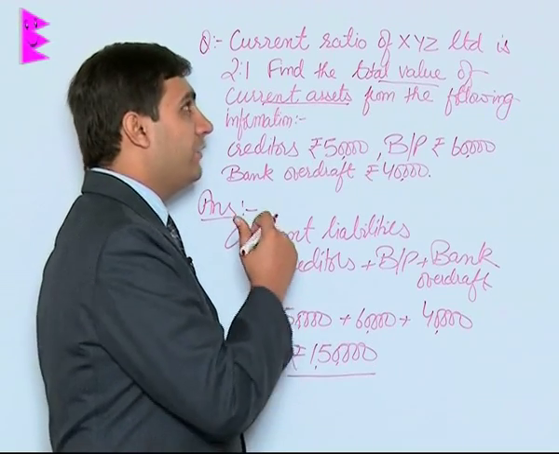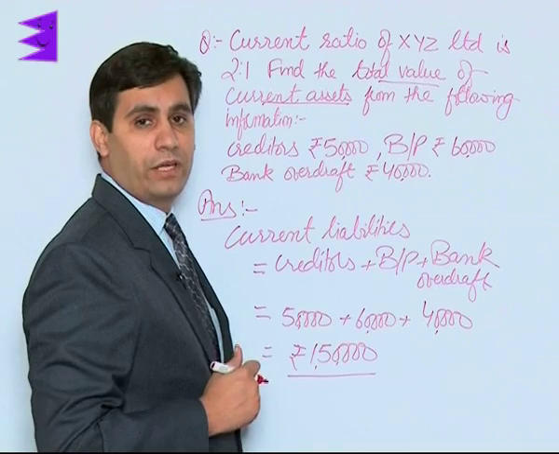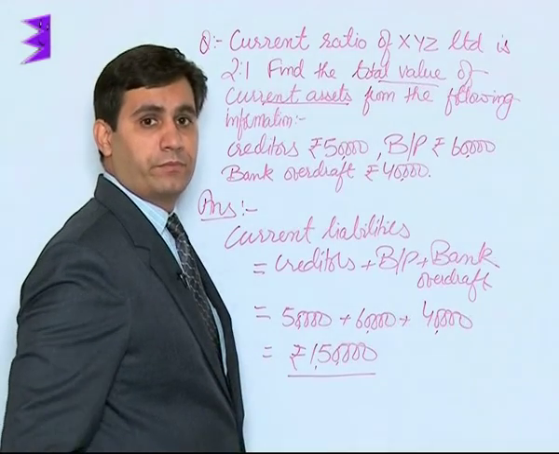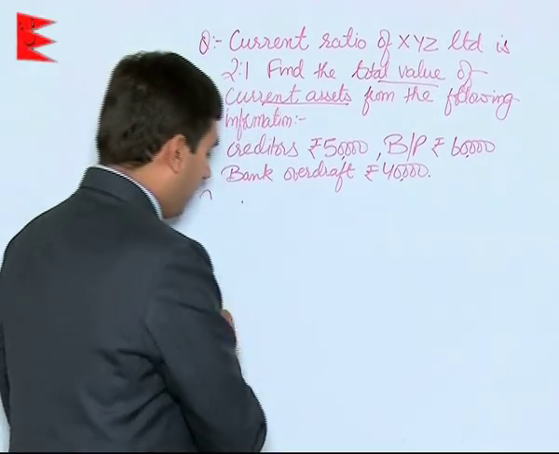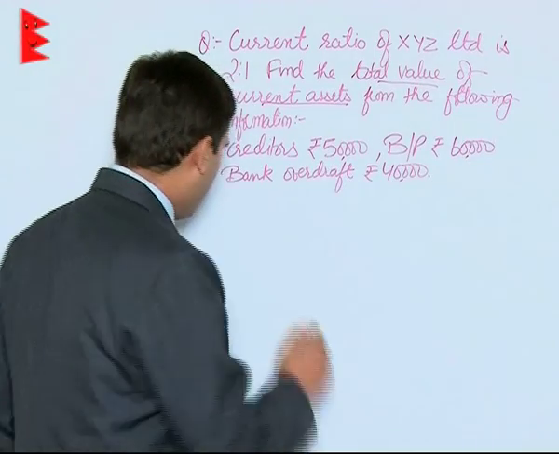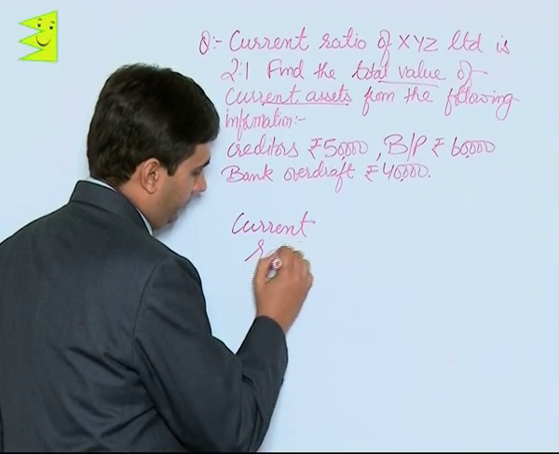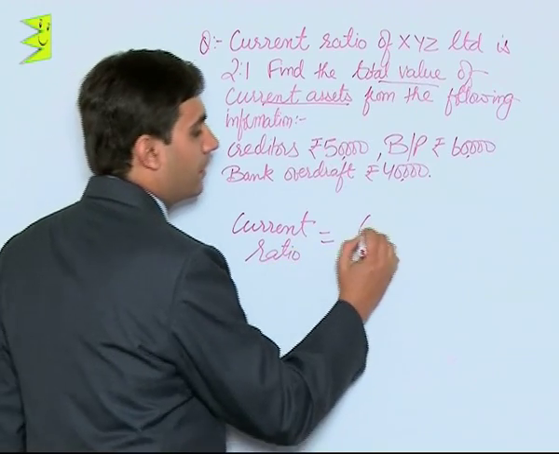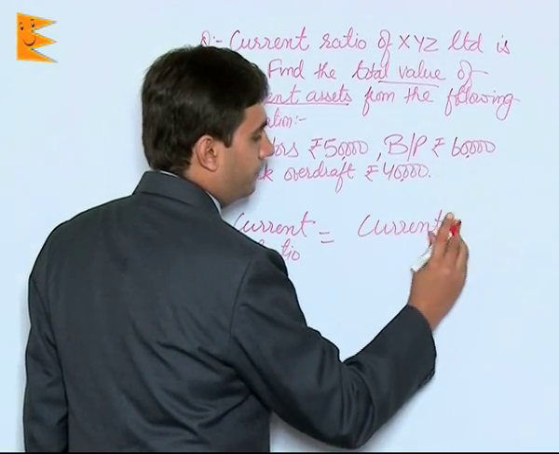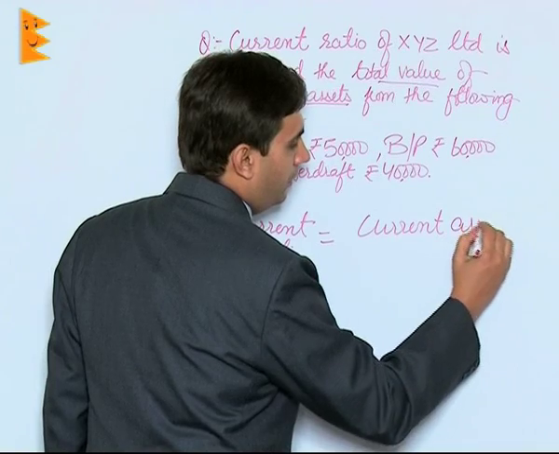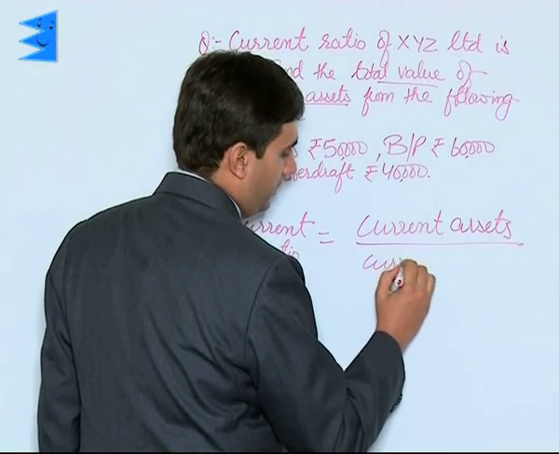Now by applying the formula for current ratio, we can calculate the total value of current assets. Now the current ratio is defined as current assets upon current liabilities.